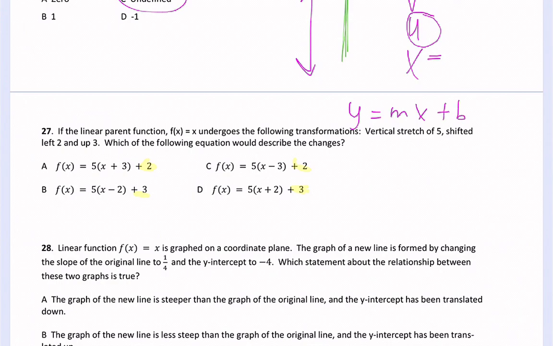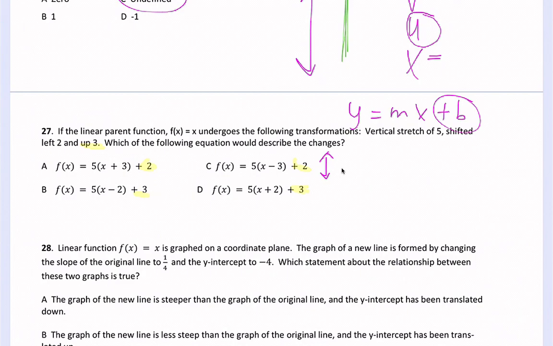So the number at the very end by itself reminds me of b, which is our y-intercept. I'm not saying it is the y-intercept, I'm saying it just reminds me of the b, the y-intercept. So that helps me remember that if it's happening at the very end, it's happening along the y-axis. So it's either moving it up or down. Keep in mind, we want it to go up 3.